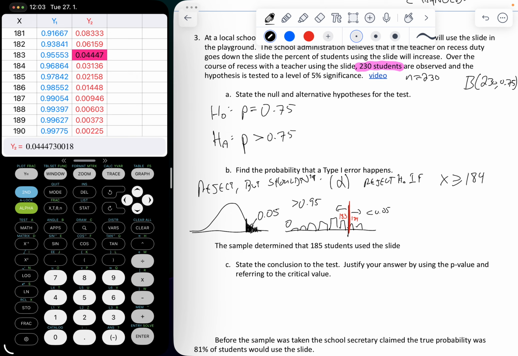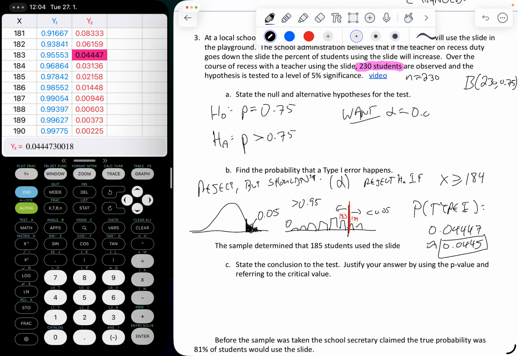So that's the shortcut: the probability of a type 1 error, we want it to be under 5%, and the first time that we get under 5% is 0.04447, or about 0.0445. So again, before, we want alpha to be 0.05, but the actual alpha value is 0.0445.